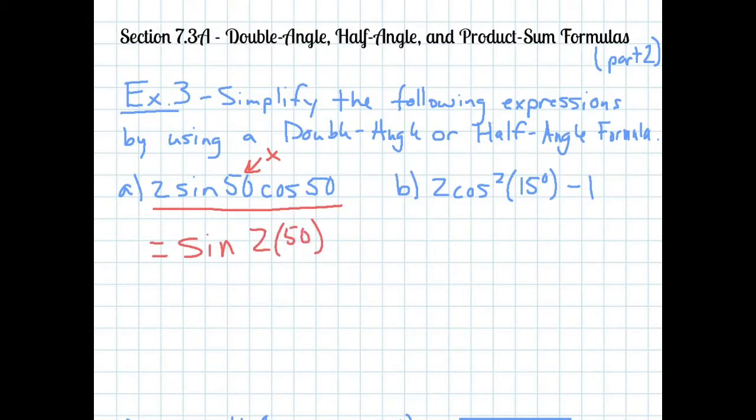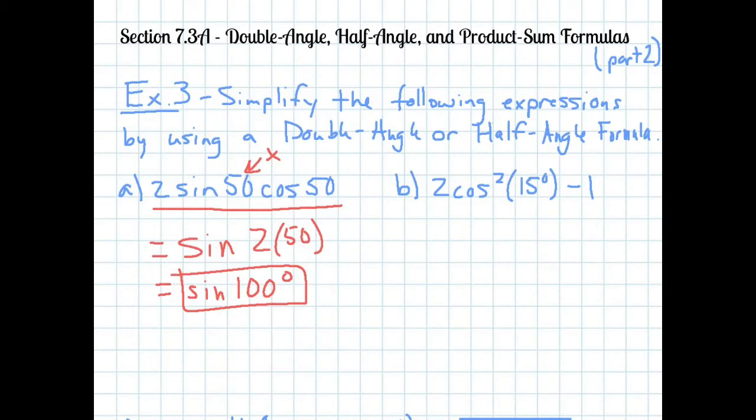So it'd be like saying sine of 2x. So since x is 50, I'd say sine of 2 times 50. And so simplifying that, I can say sine of 100. Okay, so here they just want you to simplify, so it looks like something like that. So it's going to be in terms of tangent, cosine, or sine, but of an angle at the end.